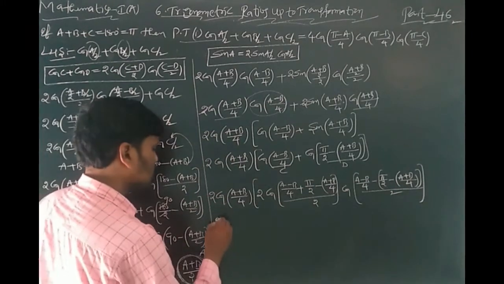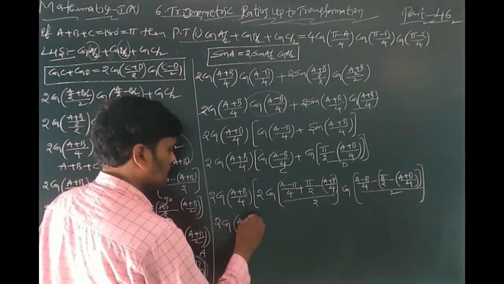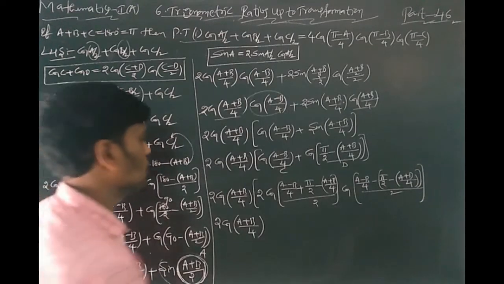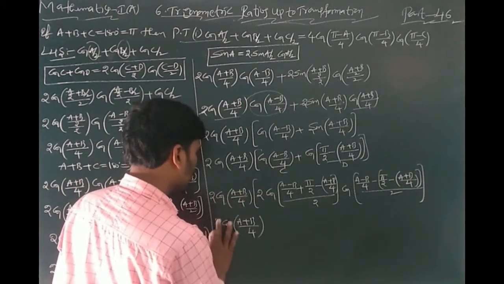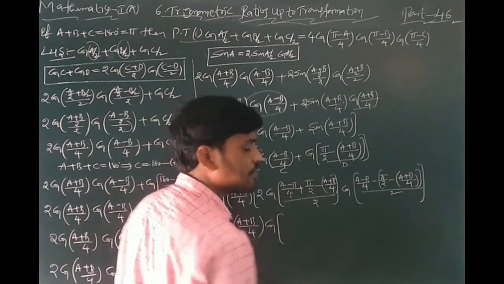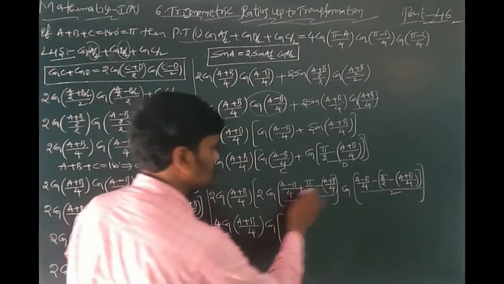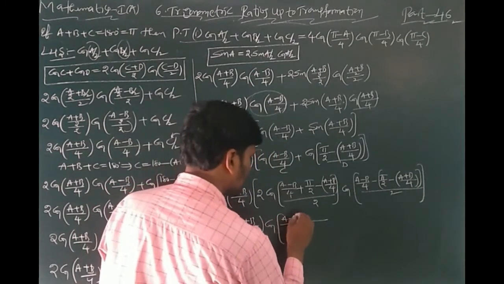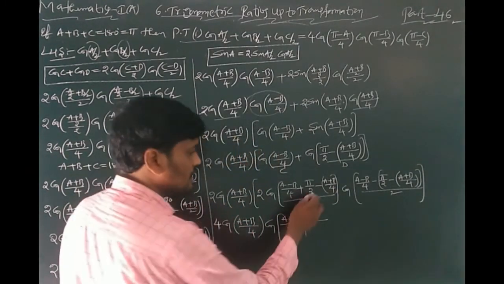After that, 2 cos a plus b by 4. 2 to the how much here? You can write 2 to the 4 cos of. You have to take LCM. What is that LCM? LCM is 4. Here a minus b are similar. Plus this 2 is there.